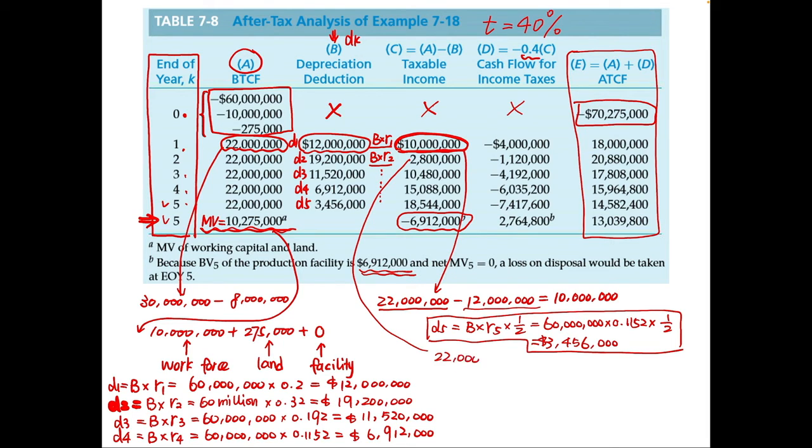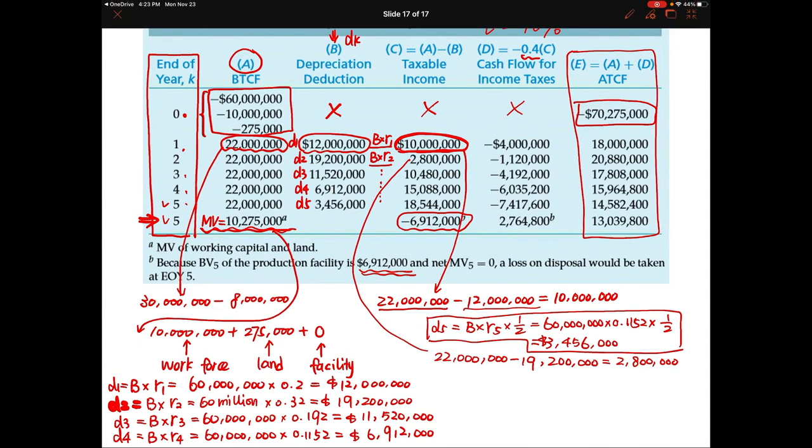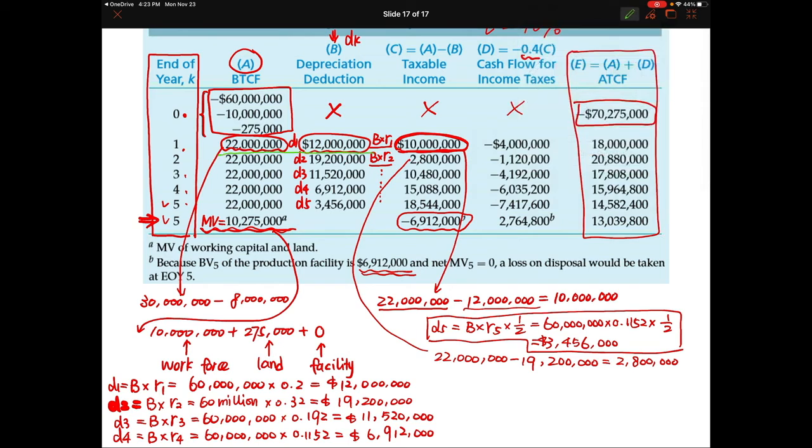That is 22 million minus 19,200,000. Okay, then you can get 2,800,000. So you just use the values in this row to calculate the value in column C.